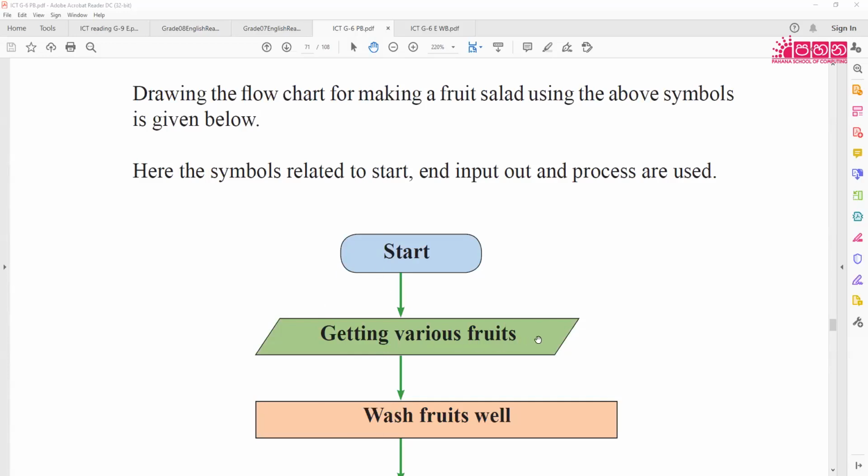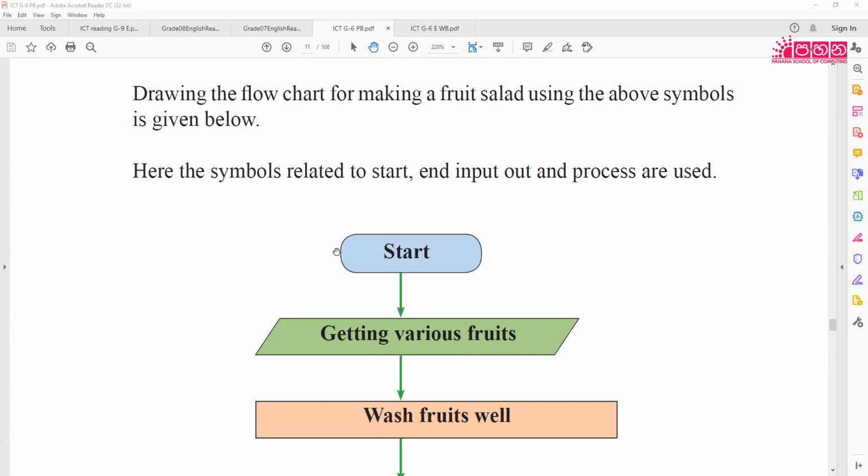In flowcharts, we discuss how different parts of the algorithm are represented using different symbols. So let's look at the example of making a fruit salad using these graphical symbols.